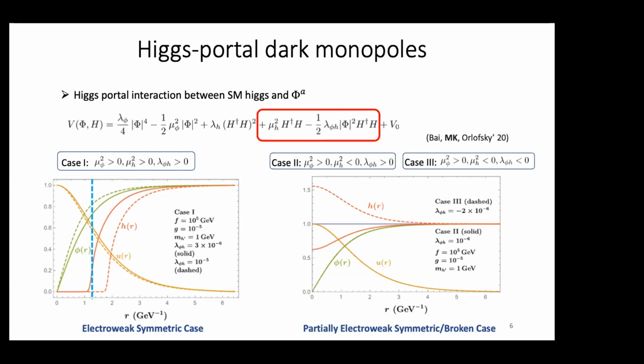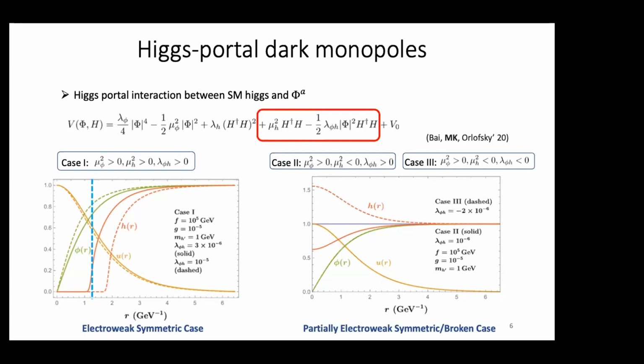Now there are a couple of other cases also. For instance, you can allow for a small mu_h squared which is negative. In that case, instead of complete restoration, you can have partial restoration of the Higgs vacuum expectation value, so that it is not even 0 or complete V, but rather somewhere in between. Or you can have an interesting case where the Higgs vacuum expectation value inside is actually larger, if you allow for other coupling signs here.